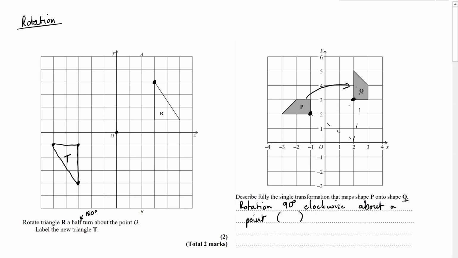And what I know about these things is that the point of rotation, the point that we rotate around, isn't going to move, which means that it has to be an equal distance away from this point on P here and this point on Q here. So we have to find a point in this region down here that is an equal distance away from both of these things.